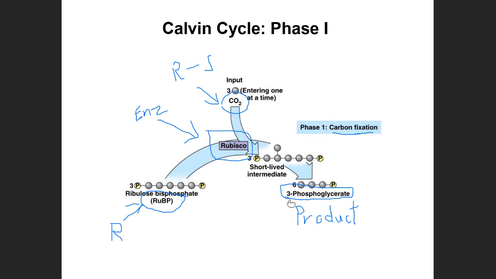The 3 has to do with how chemists number the atoms of carbon that form a carbon backbone. So this is carbon 1, this is carbon 2, this is carbon 3. The phosphate group is covalently bonded to it, thus 3-phospho, but the overall 3-carbon molecule is a molecule of glycerol, but they call it glycerate. I'm not going to test you on that specific, but just to let you know where the name is coming from.